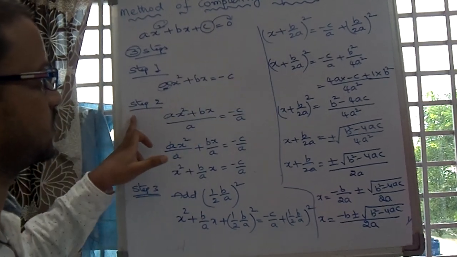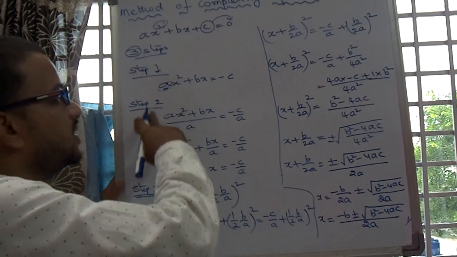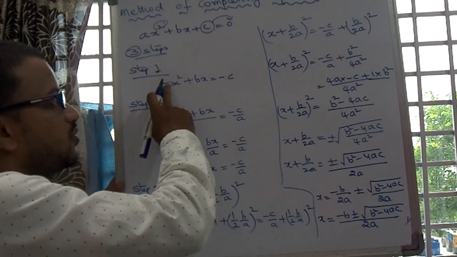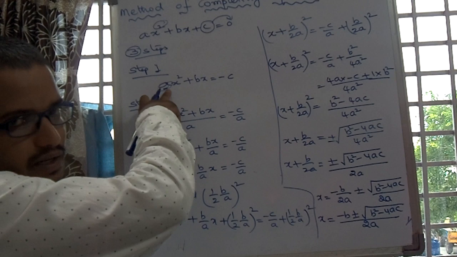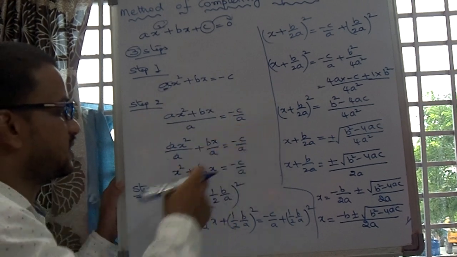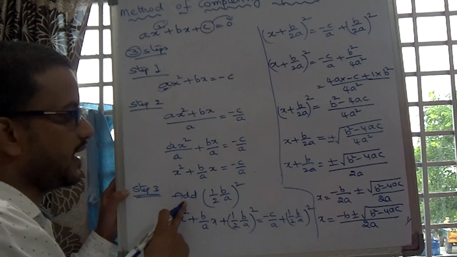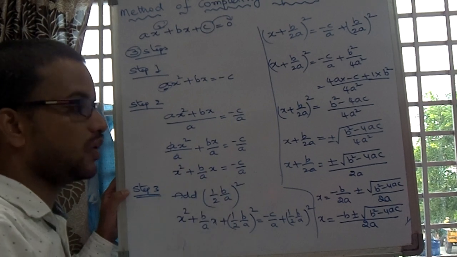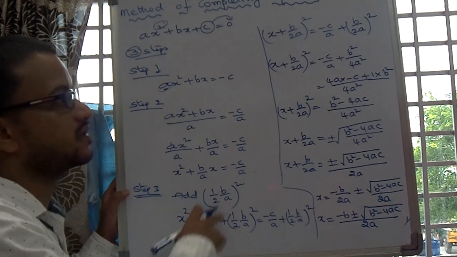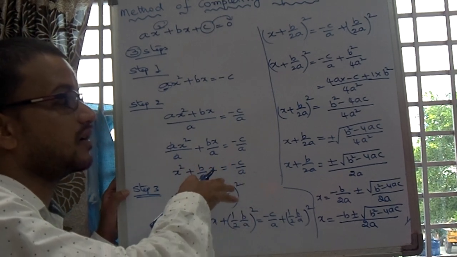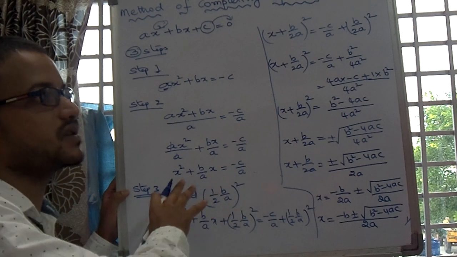In step 2, you have to divide the obtained equation by the coefficient of x square. And in the third step, we have to add 1 by 2 b by a whole square, so as to complete the square.